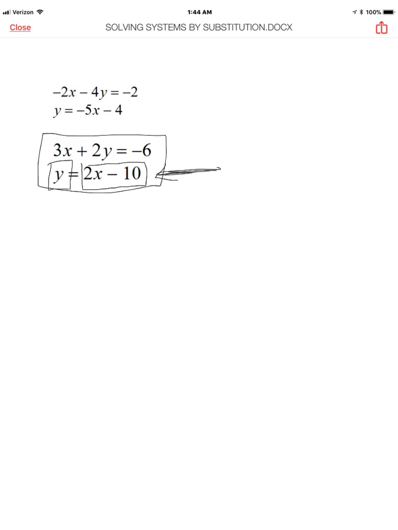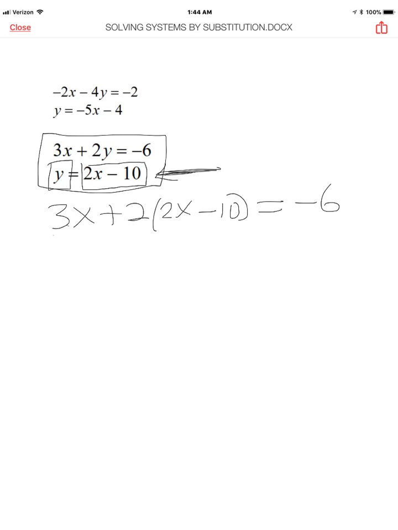I'm going to copy the first equation: 3x plus 2y, and we know y is 2x minus 10, equals negative 6.